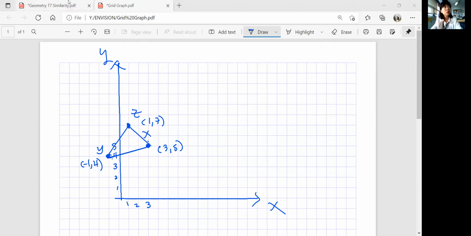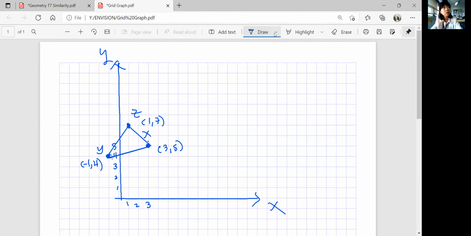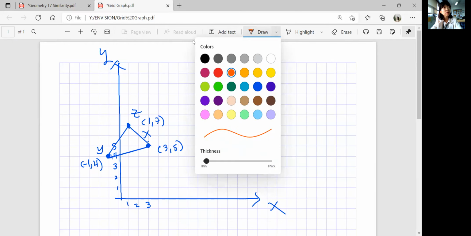Okay, so this is triangle X, Y, and Z. So part A, you translate the figure first, 1 unit to the right, 2 units down. So let's do the first one.